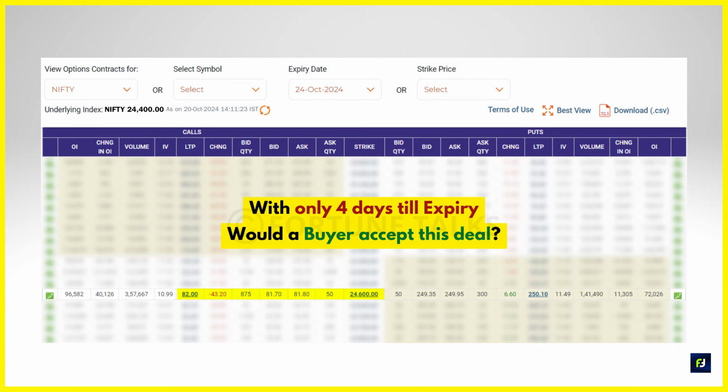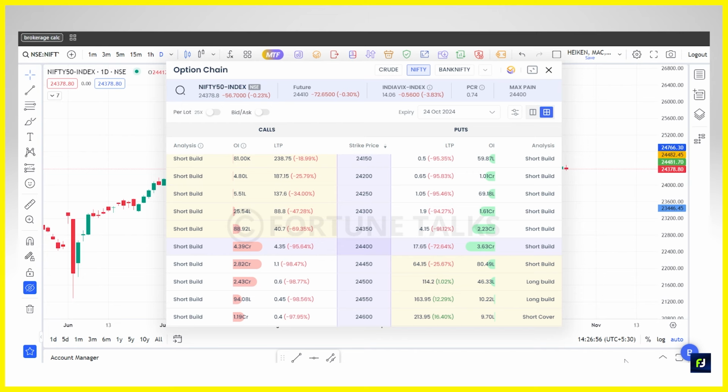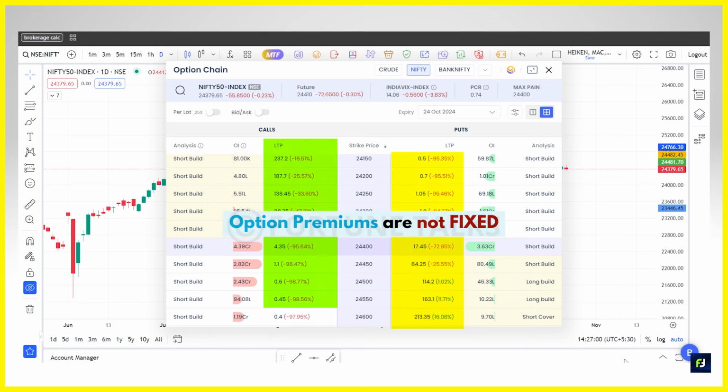Most probably, you would not take the bet because the time is not in your favor. But if the sellers would have asked for a reduced premium, like 30 rupees, then the buyer might think about taking the risk. So the point that I want to make here, keeping the effect of both news and time in perspective, is that option premium is never a fixed rate.